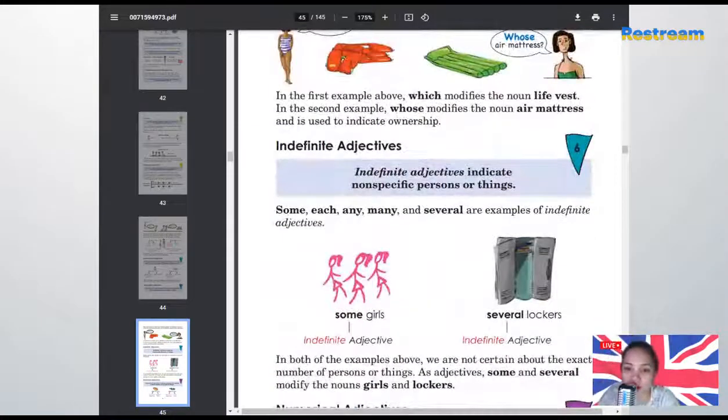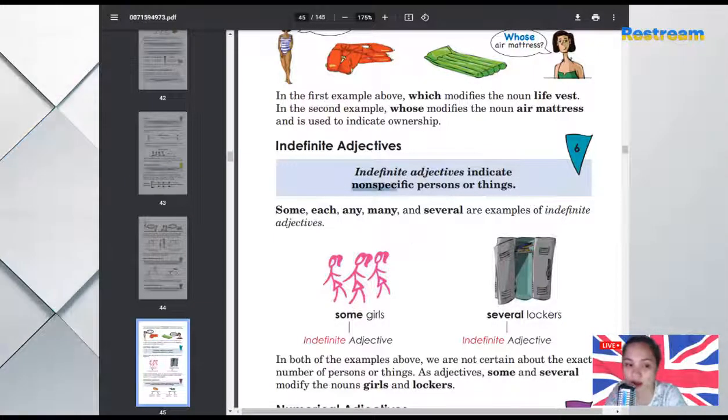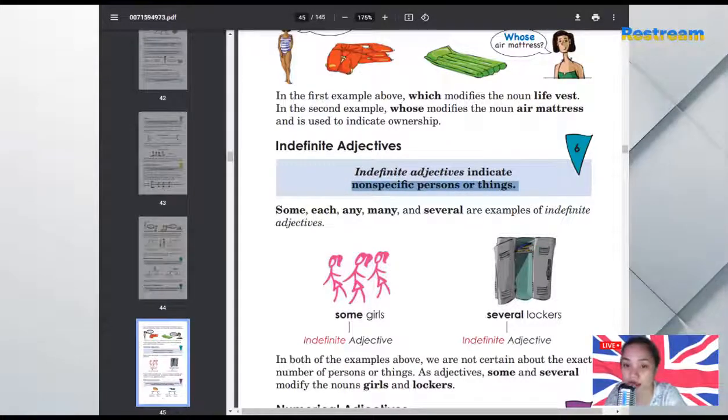So the next one is the indefinite adjectives. For the indefinite adjectives, we have some, each, any, many, and several. When we say indefinite adjectives, these are used for non-specific persons or things.